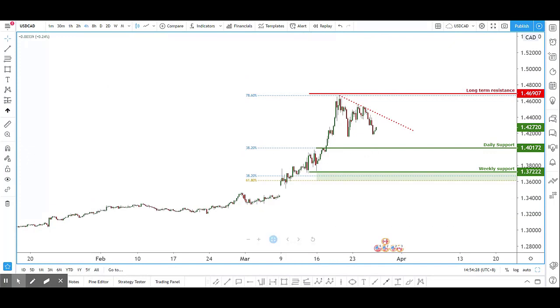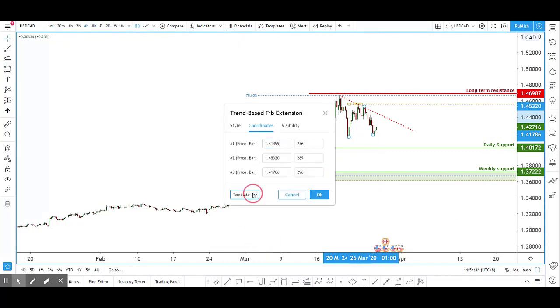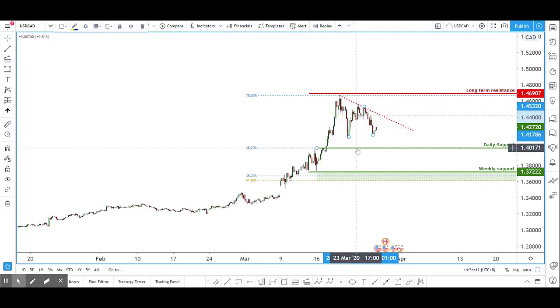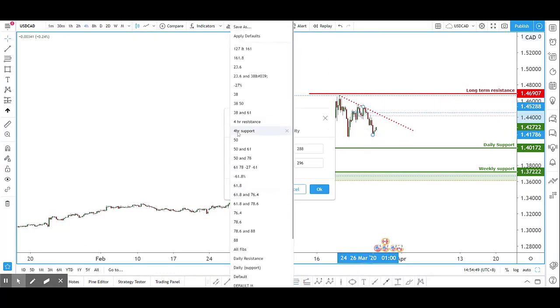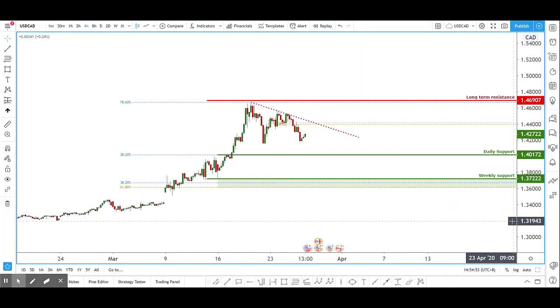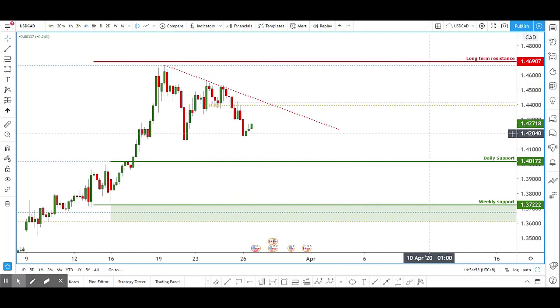Now we'll do an extension at this level and just open up the Fibonacci ratios. It's a bit hard to see, but the 61.8 falls in line with the descending trend line, so I'll keep it there. And I'll do a retracement of this last swing down, and I put the 61.8, which also falls in line. Let me just zoom in so it's easier to see.